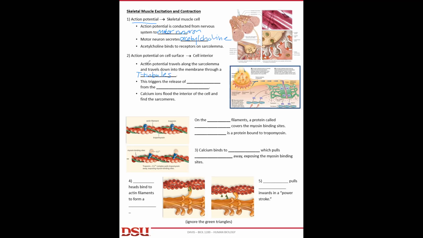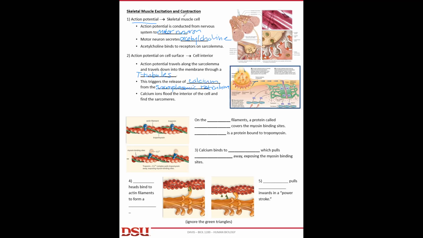So once the action potential gets into the cell via the T-tubules, it's going to release calcium. Which part of our muscle cell had the calcium stored? Let's see, sarcoplasmic reticulum.